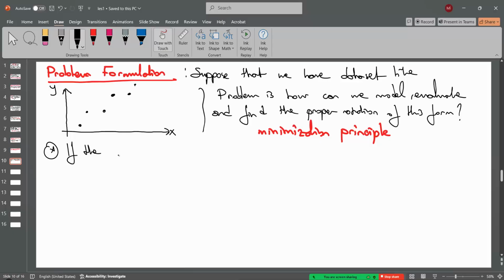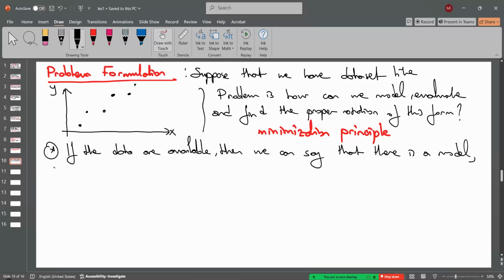If the data are available, then we can say that there is a model, or dynamics, right? But in this dynamic, it is not time dependent, it is x dependent.